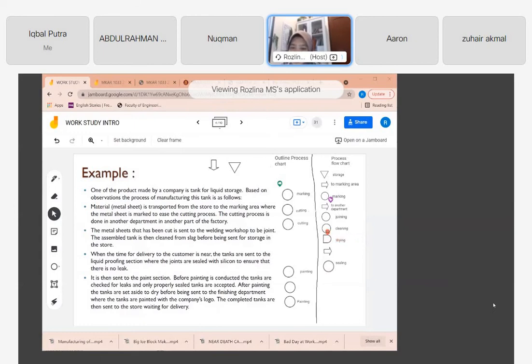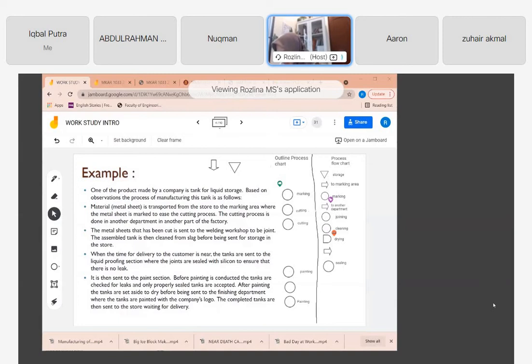You have to transport to the storage, right? But the storage here cannot use the triangle symbol, because the triangle means at the end or at the first floor. So what you can do is you use the D. Okay, that's good. You use the D for delay.